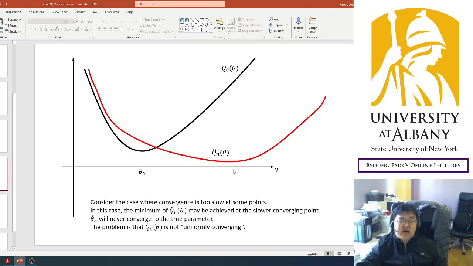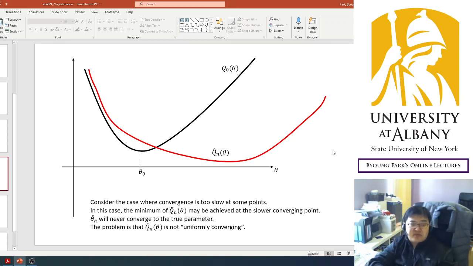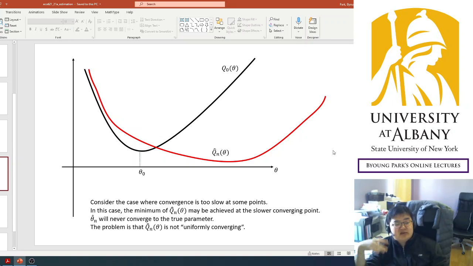And its convergence to the true parameter is not guaranteed if the convergence is too slow. So this problem is like the similar problem we discussed earlier when we studied uniform convergence. The convergence is not uniform.